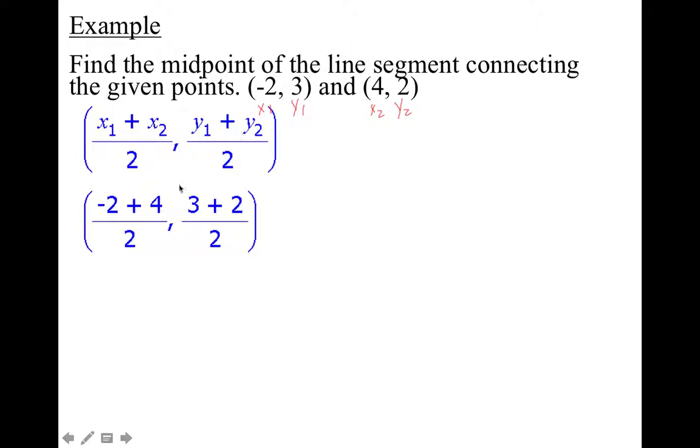This is x1, this is x2, y1, y2. And then when we simplify, we get 2 over 2, comma 5 over 2. Please make sure you remember, always simplify fractions. And so when we simplify the fractions, we end up getting a 1 for here. But then some students may say, well, how did you end up getting a 2.5, Mr. Collier? Well, you got a 2.5 because 5 divided by 2 as a decimal is 2.5.